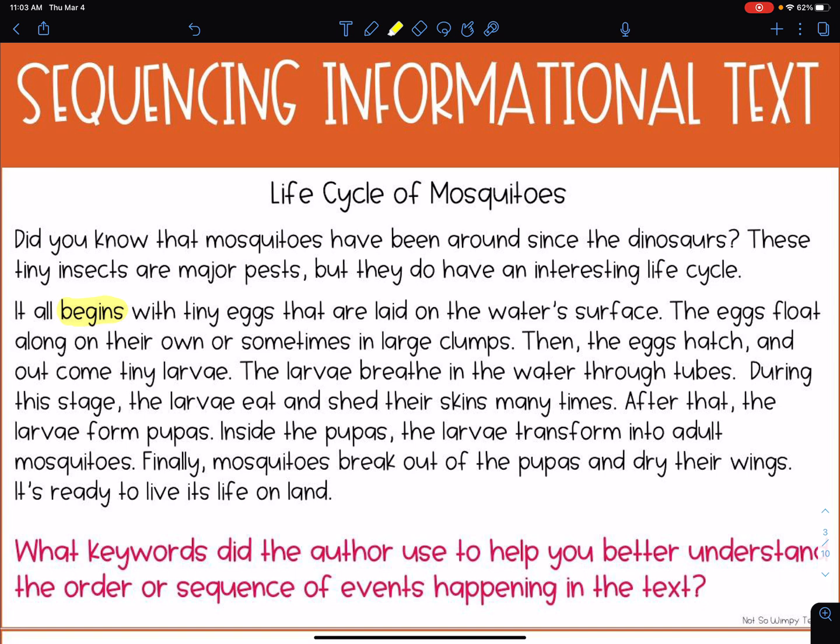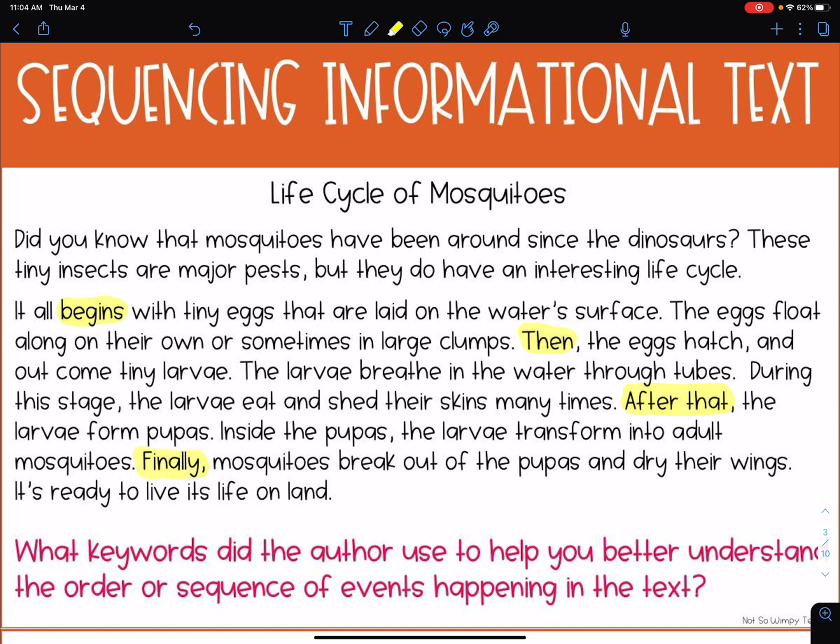And then as I continue to read back over this, I see the word then, so that must happen after they start out with tiny eggs. Then they hatch. I also see the phrase after that to help me sequence these events in order. And I also see the word finally, meaning last.